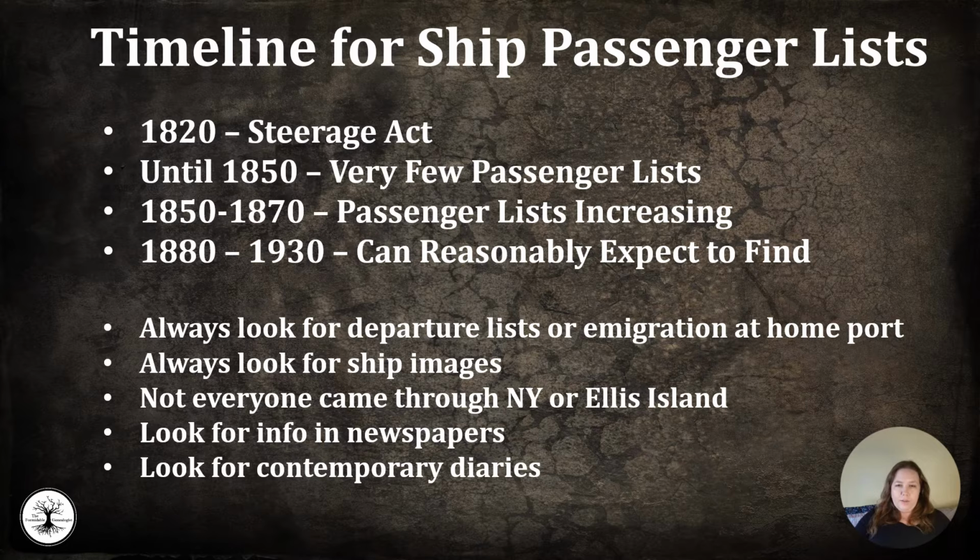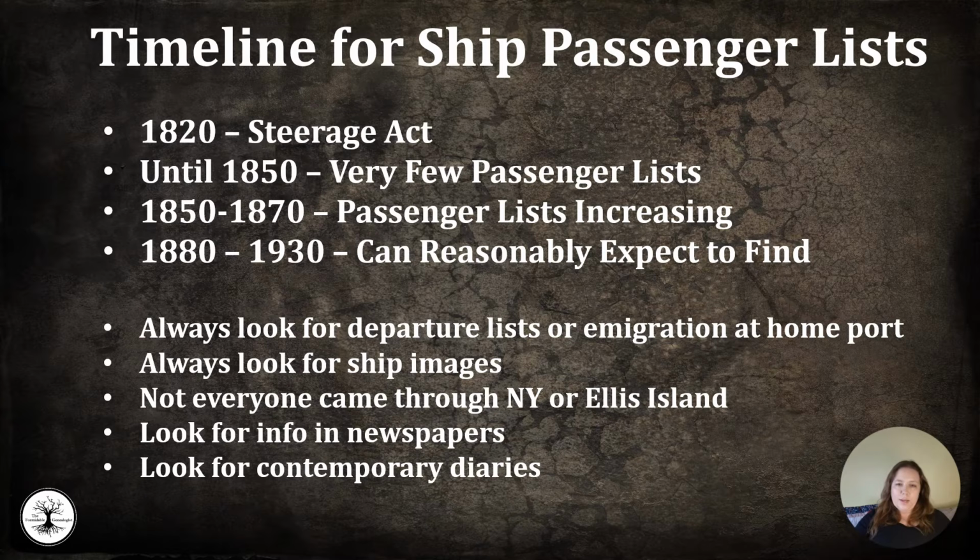There are a lot of departure lists that you can look for in other countries, and some have been destroyed. Prior to 1820, you're unlikely to find passenger lists for your immigrant ancestor, because it wasn't even until 1820 that the Steerage Act was passed, stating that ships needed to register if they were coming or going from ports.